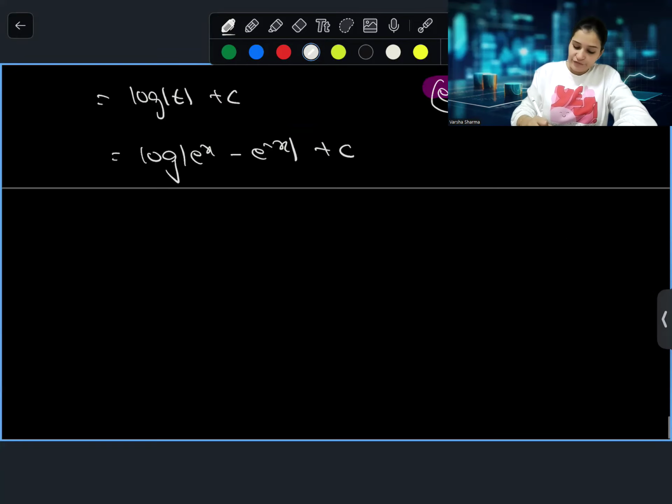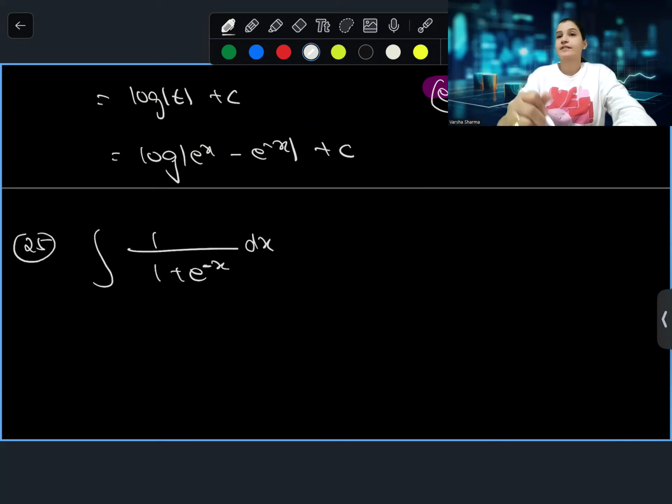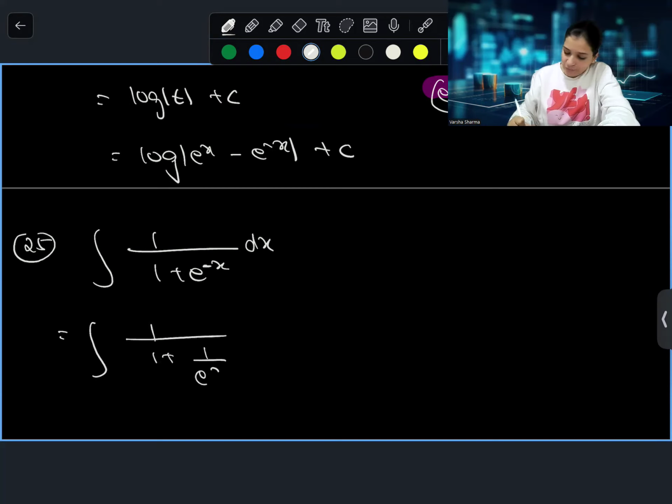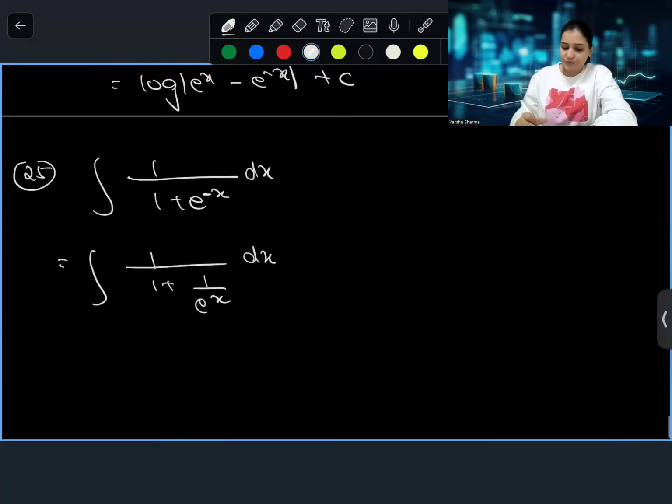Now, the 25th question is the integration of 1 by 1 plus e power minus x. What should I do here? Take minus x as t. Okay, there are two things we can do. First, I can write this as 1 upon e^x. I cannot take it directly to the numerator because there's a plus sign in between. Is it okay till here?